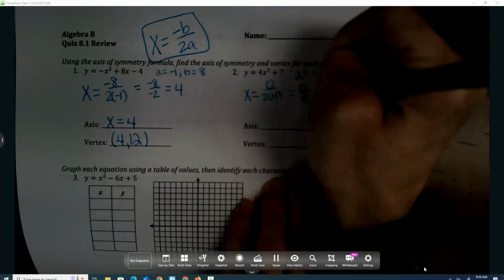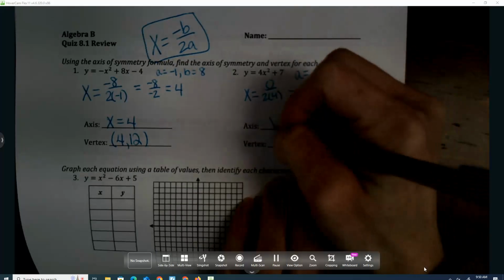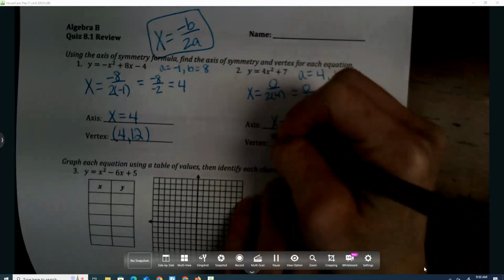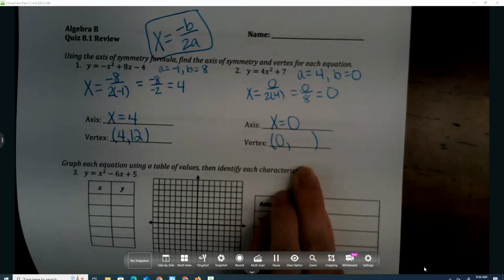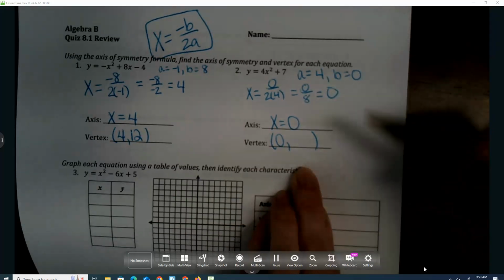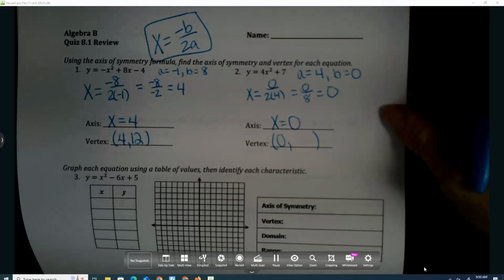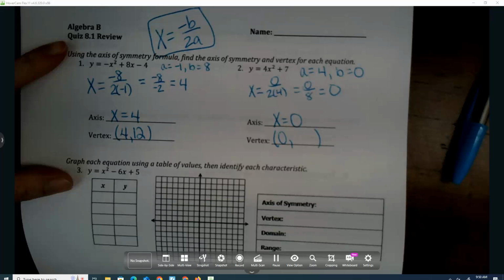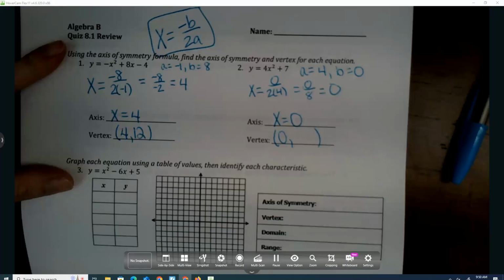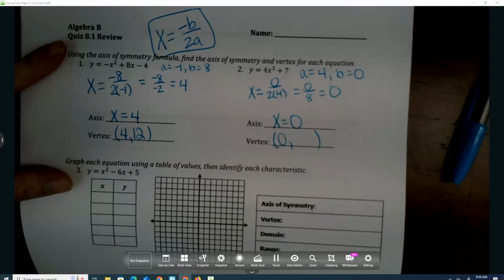So we get 0 over 8, which is 0. So axis of symmetry is x equals 0. That is the first part of the vertex. To get y, we plug 0 in. So you have 4 times 0 squared plus 7, and we get 7.